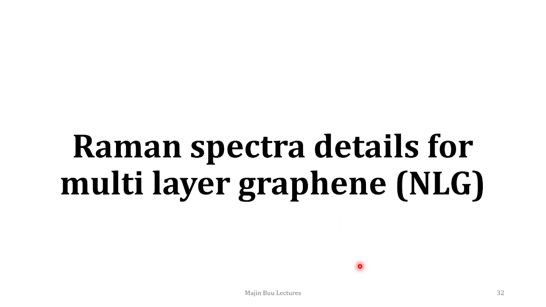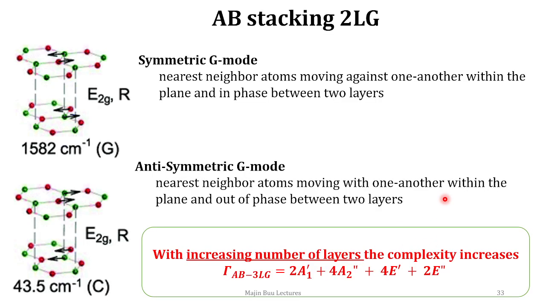So here we'll again discuss mostly the two layer graphene structure and not more than that, because of the associated complexities in the band gap structure and the phonon dispersion characteristics for higher layered graphene structures that we'll discuss in the next lecture.